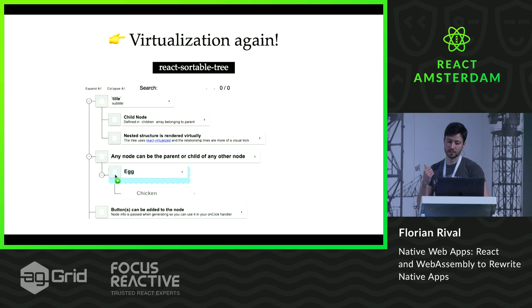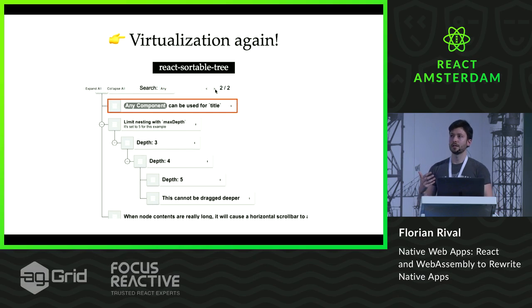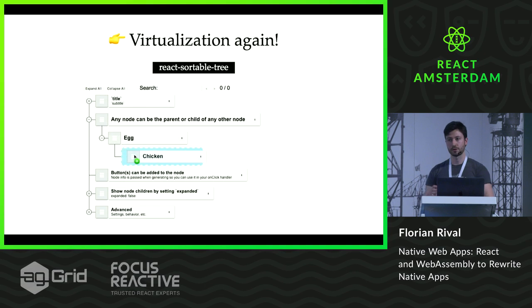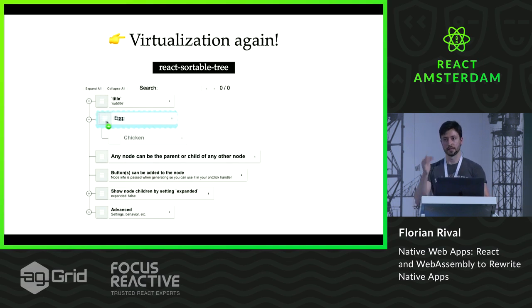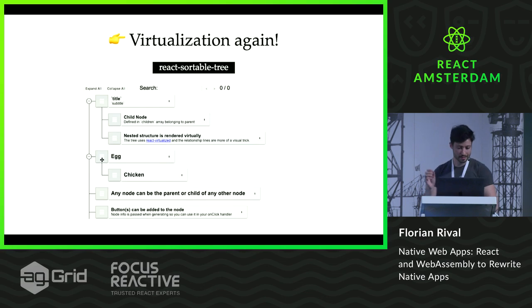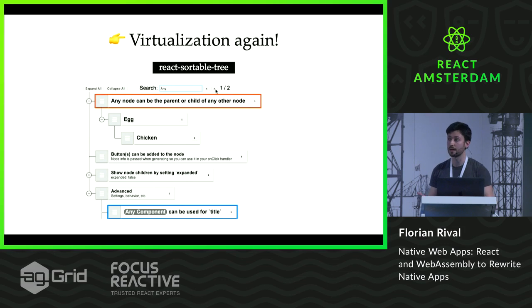And the way it's done is super interesting. It's using React Virtualized again: every node that you see in the tree is a row of a list, but there is no real tree displayed on screen. The lines that you see on the left are just fake lines to make it look like a tree.